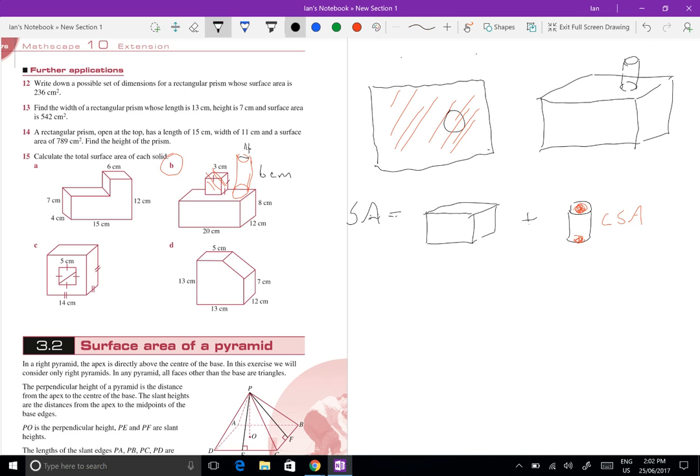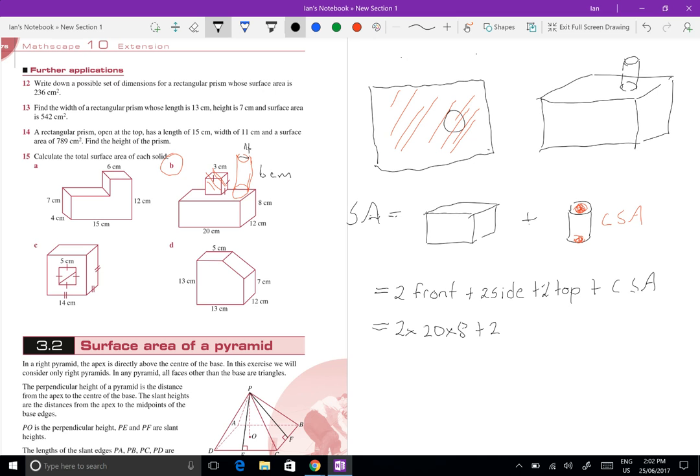And that becomes really easy because the rectangular prism is 2 times the front plus 2 times the side plus 2 times the top. And then I've got my curved surface area. Well, the front of this is just a rectangle, so it's 2 times, and the front rectangle is 20 times 8.